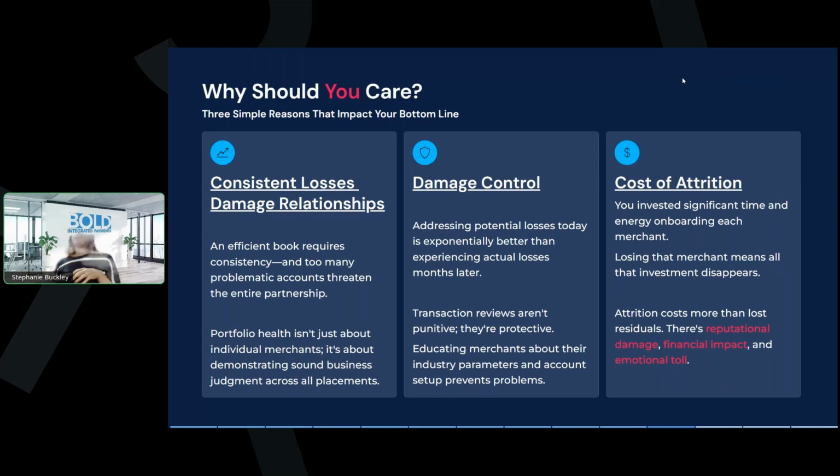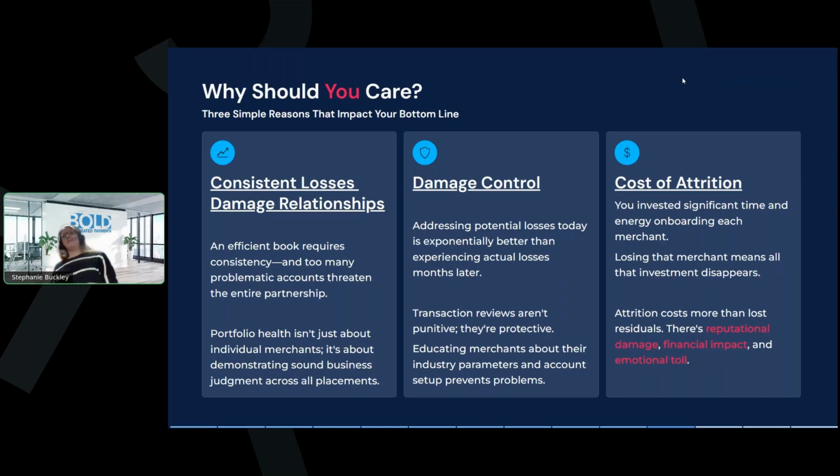It's a lot easier to deal with the potential of loss today than the actual loss months down the road, when the payment you received has already been spent, the inventory is already gone, the cardholder changed their name and left the country. These are things you can't really come back from.